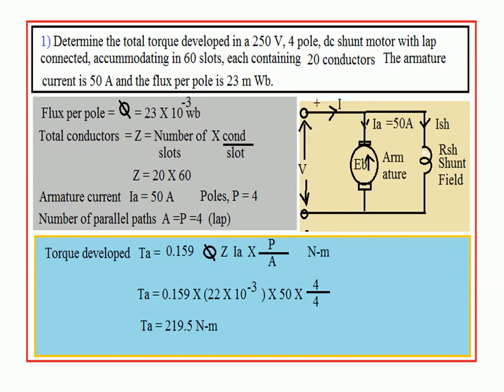Already we derived the equation, you write down torque TA equals 0.159 flux Z Ia into P by A Newton meter. One important thing is flux should be in Webers, 22 into 10 to the power of minus 3. You remember, it is a very dangerous factor. Rest of the things are same. You calculate, torque is 219.5 Newton meter.